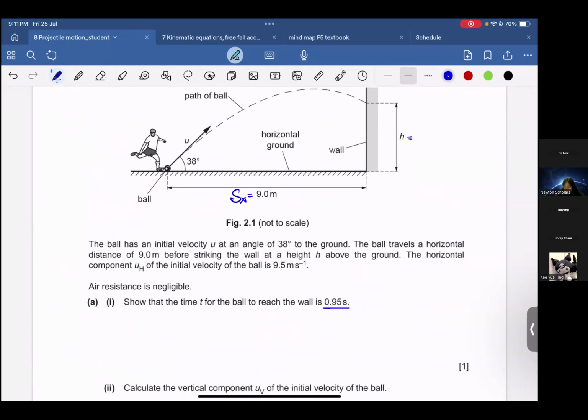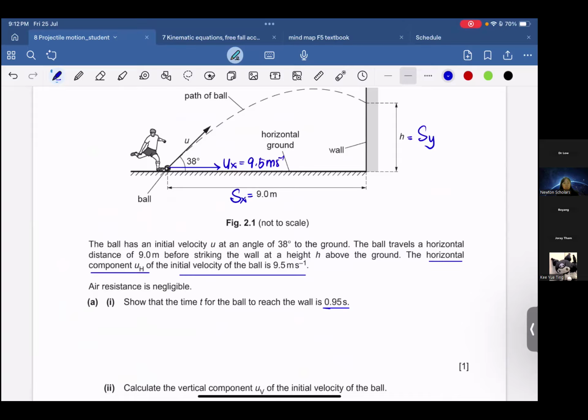Now here they want you, this h is actually sy. The ball travels at 38 degrees with the horizontal, and the initial velocity of the ball is 9.5. So this one is ux, the horizontal component. That means ux is 9.5 meters per second.